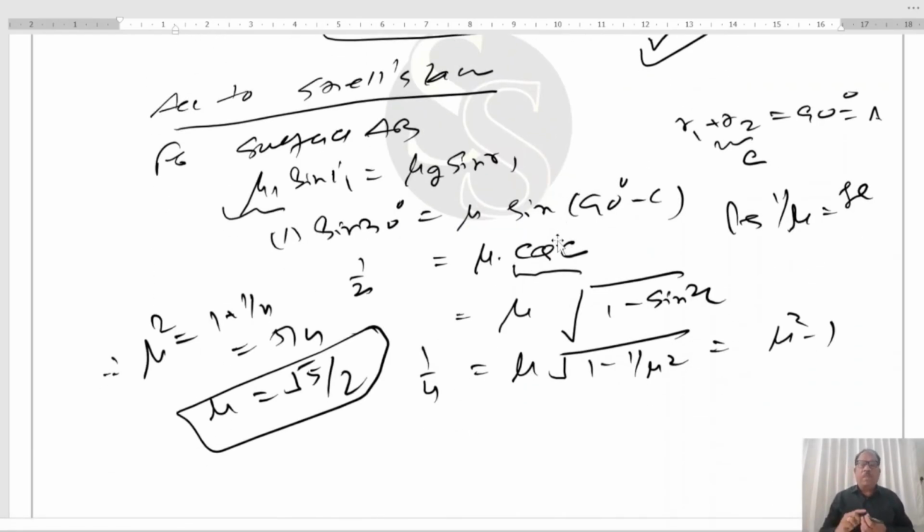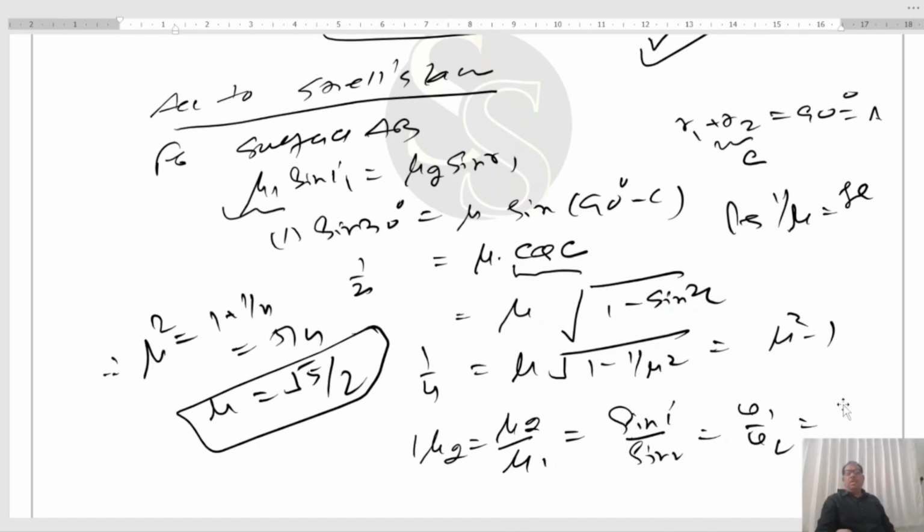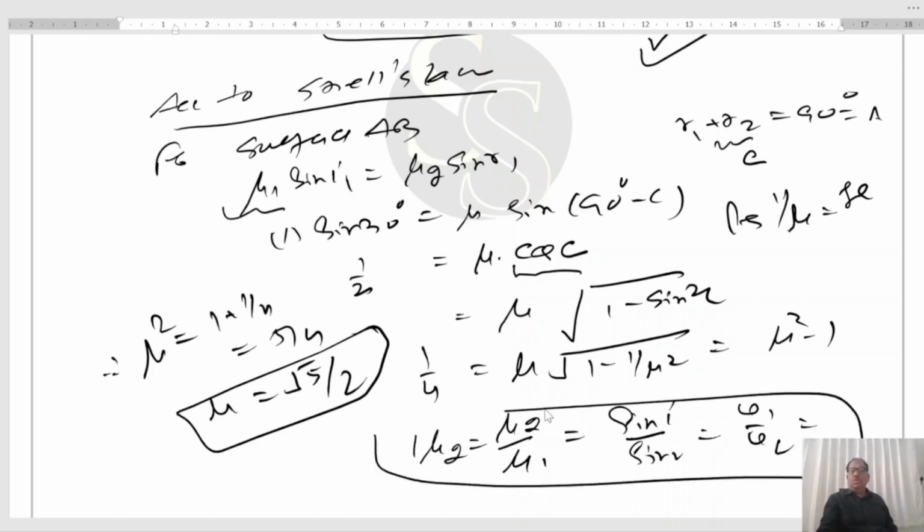What is Snell's law? Snell's law is mu1 sine I equals mu2 sine R, or sine I upon sine R equal to V1 over V2, right? These are all Snell's law.